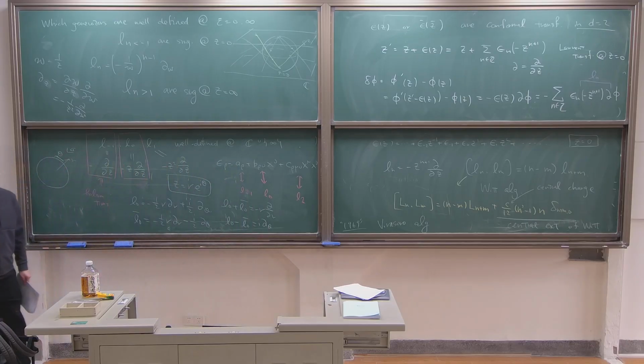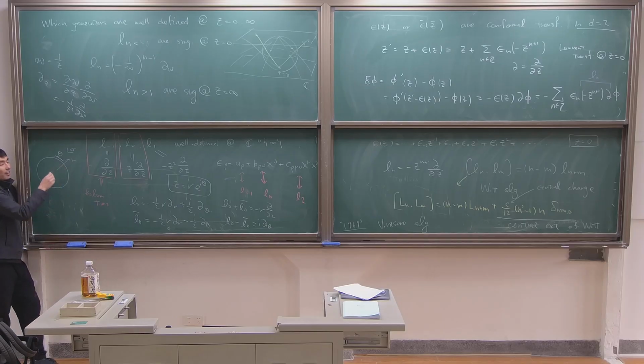And then you can easily see that r del r is a vector field like this one. So this is the dilatation, the scaling transformation. You just change the radius of the circle.